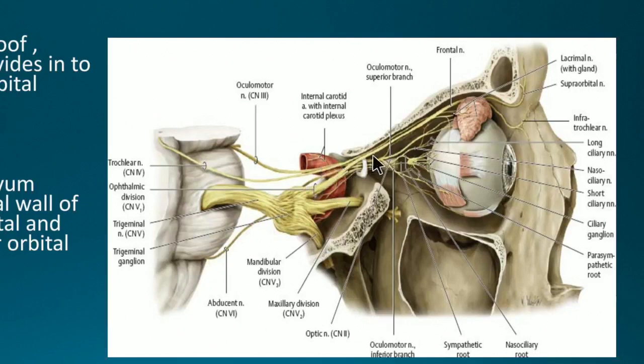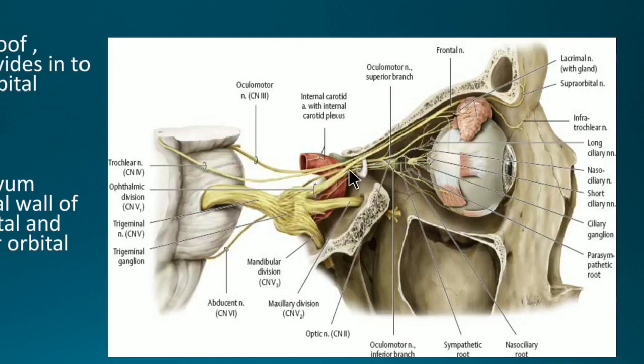Okay, so this part is the superior orbital fissure between the lesser wing and the greater wing. You have a tendinous ring formed by the tendon of Zinn. So outside the ring, the trochlear nerve passes. The oculomotor nerve passes and divides into two divisions.